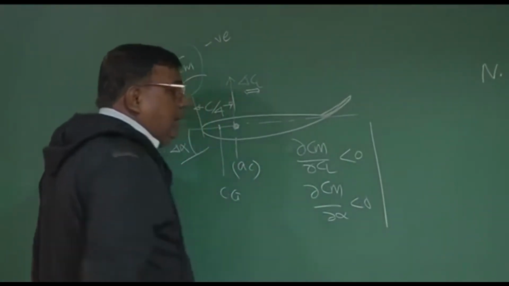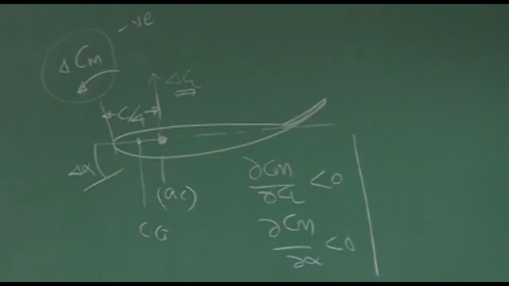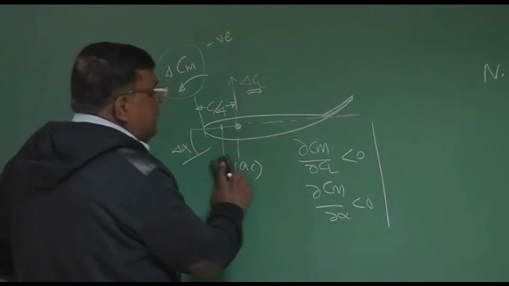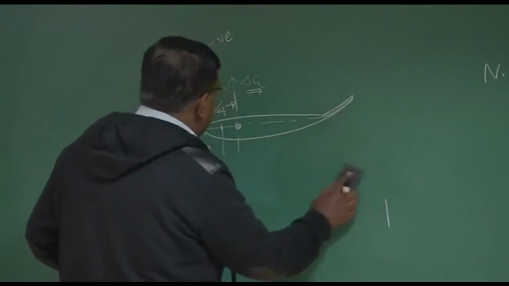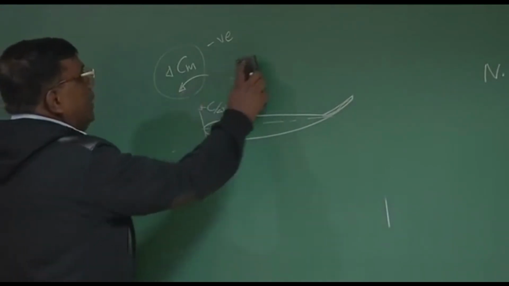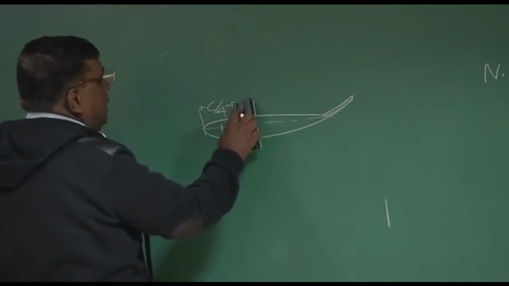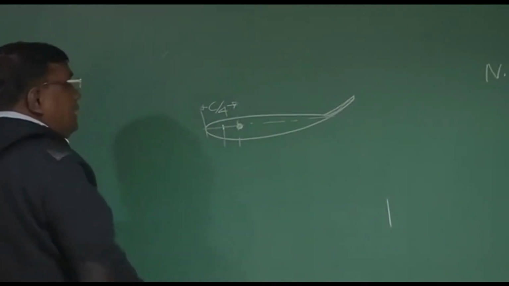So both are mathematical conditions for attributing towards static stability, right? So what is learned? That as long as aerodynamic center is behind CG for a flying wing, this will have a stabilizing effect, and the flying wing will be statically stable, right?